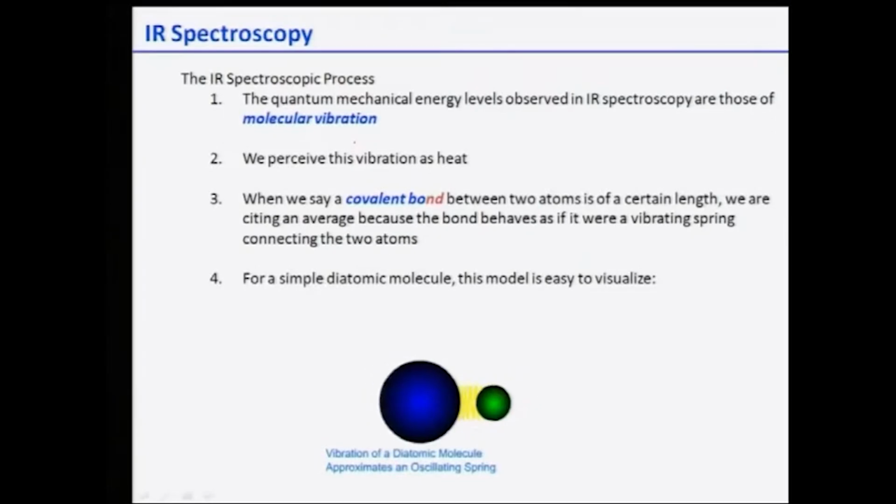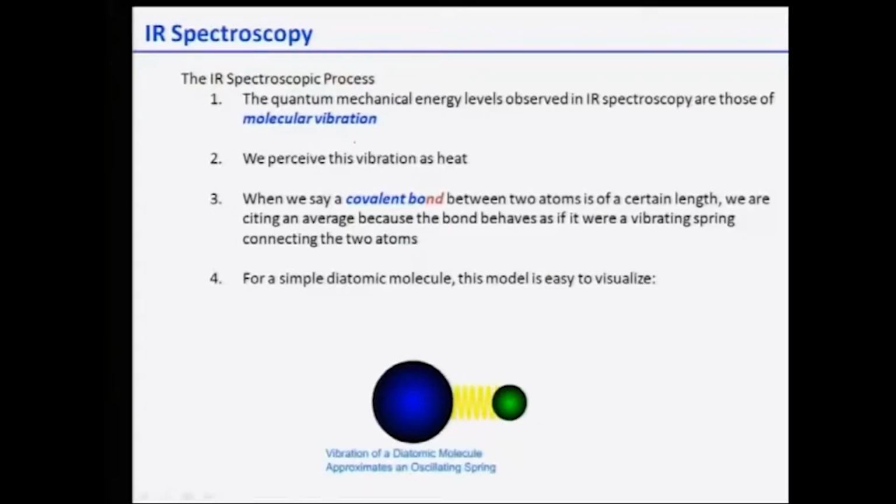Now we perceive this vibration in terms of heat. That is why I showed you some pictures a few minutes back where we can image animals or even humans using an infrared camera. When we say a covalent bond between two atoms is of a certain length, we are citing an average, because the bond behaves as a vibrating spring connecting the atoms.